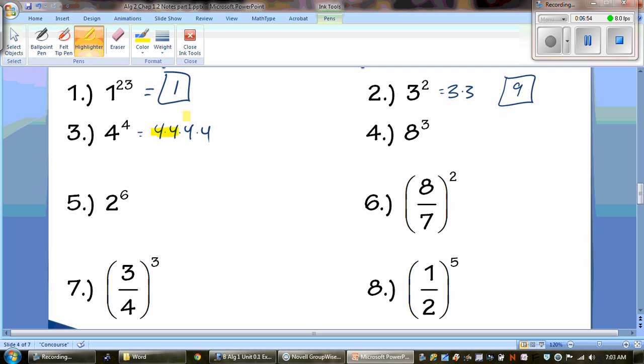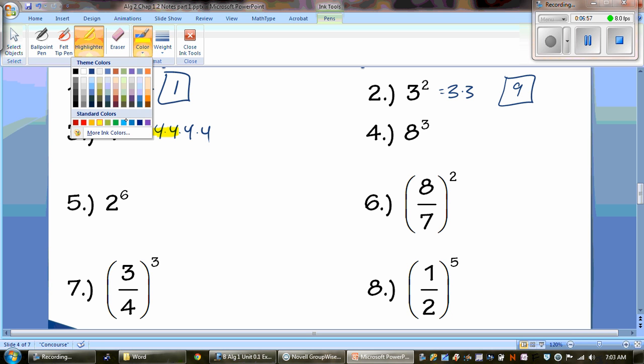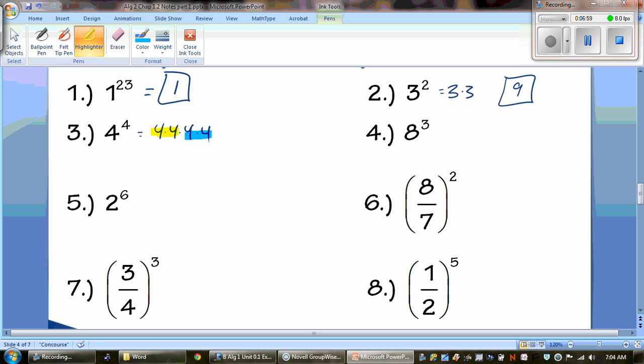And what I would do for this is I would group it into 2 different groups. So we've got 4 times 4, which is 16. 4 times 4, which is 16. This is what we did on the other side. And now we're using your multiplication chart for 16 times 16. Okay? Do you have that?